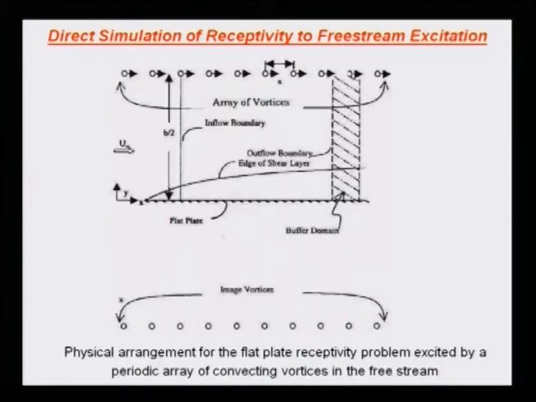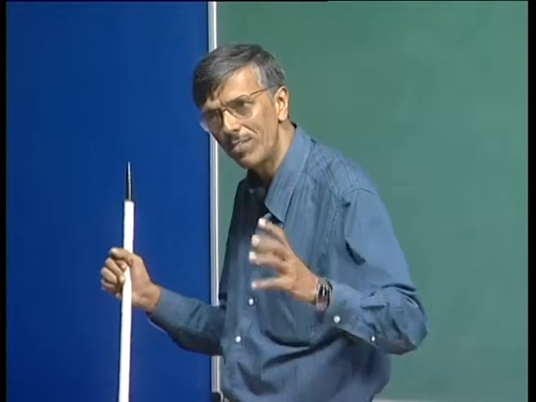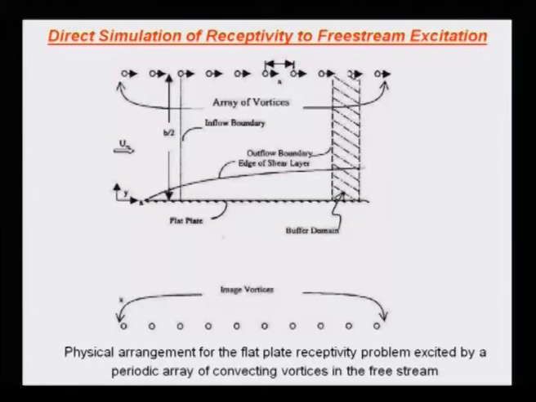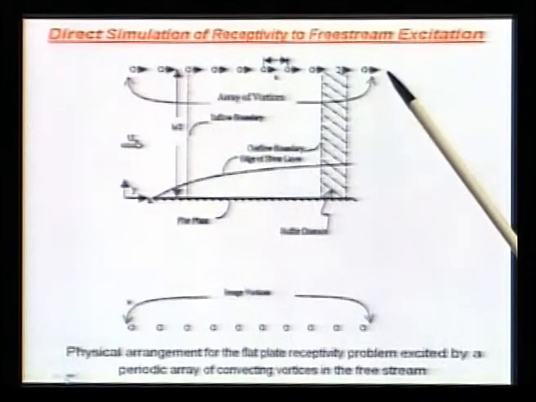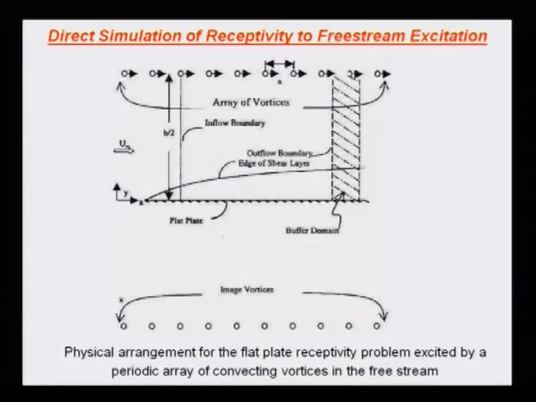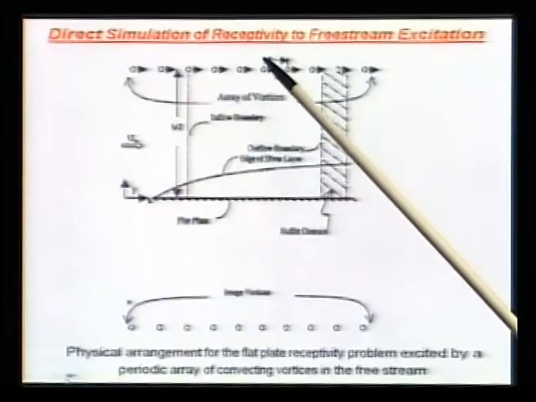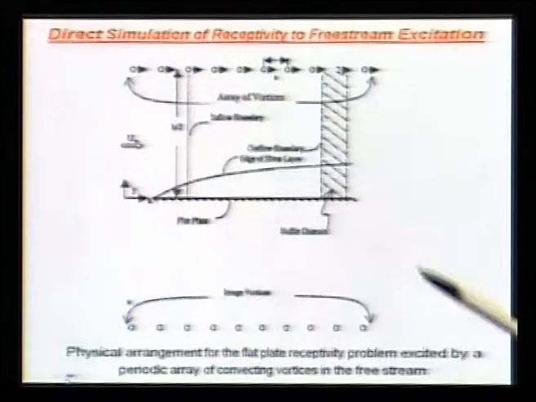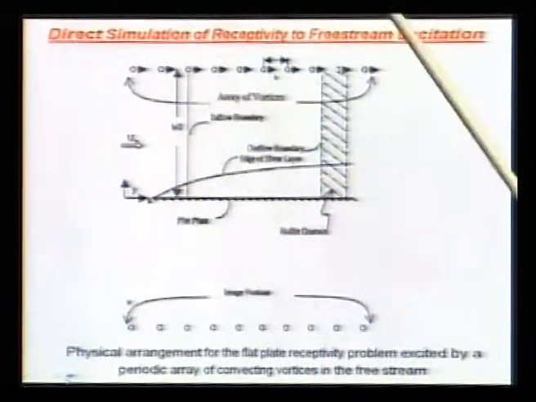So, here we wanted to study a prototypical case of one such thing. To make our understanding complete, we look at a very standard model. The standard model is that we will have a train of vortices, not one, a large number of them, and let us say the gap between them is fixed, and the height at which they go is also fixed.